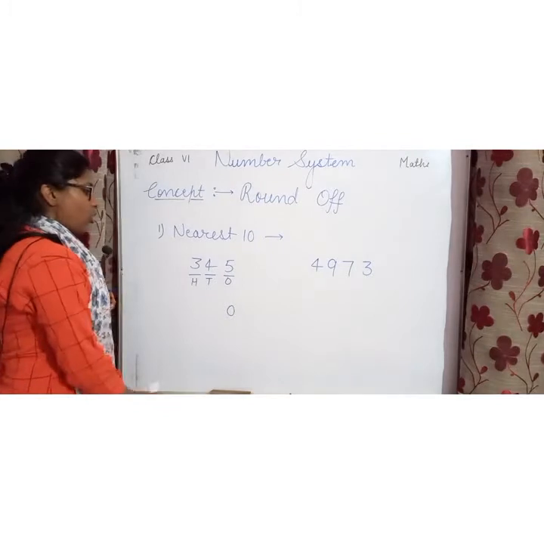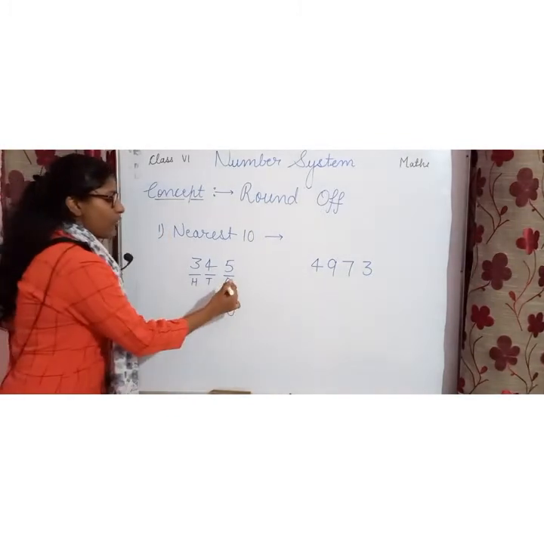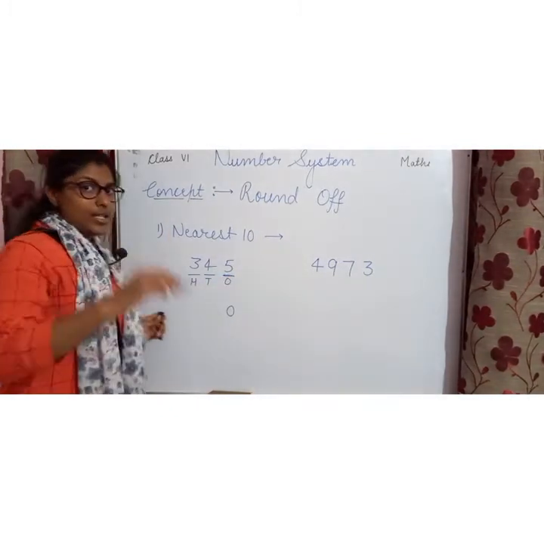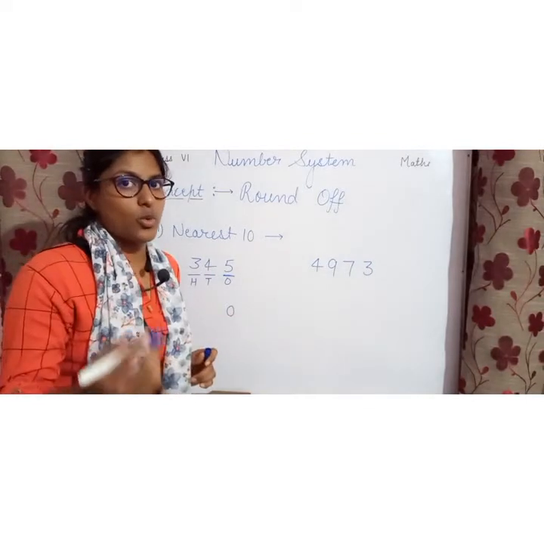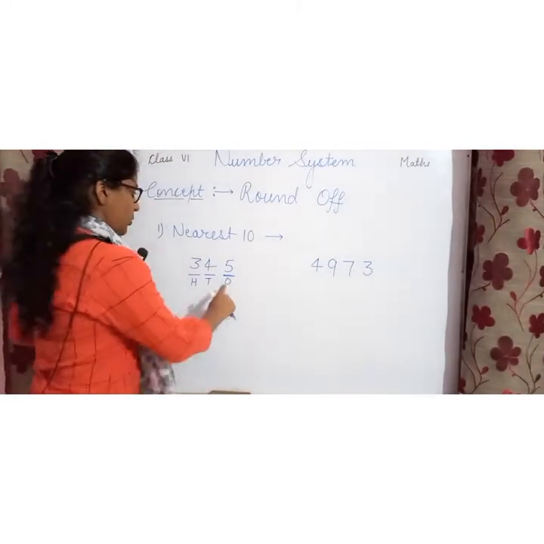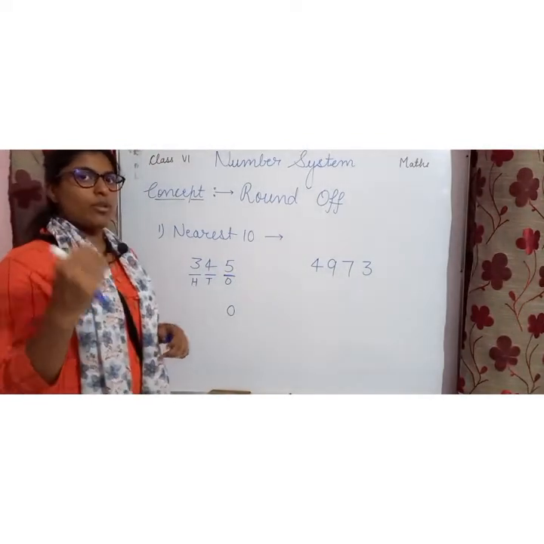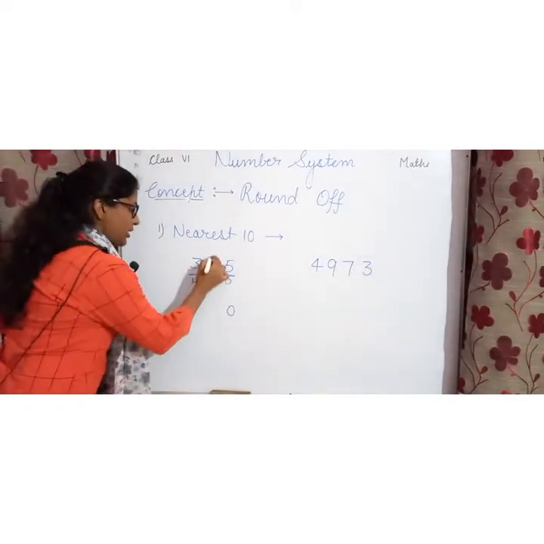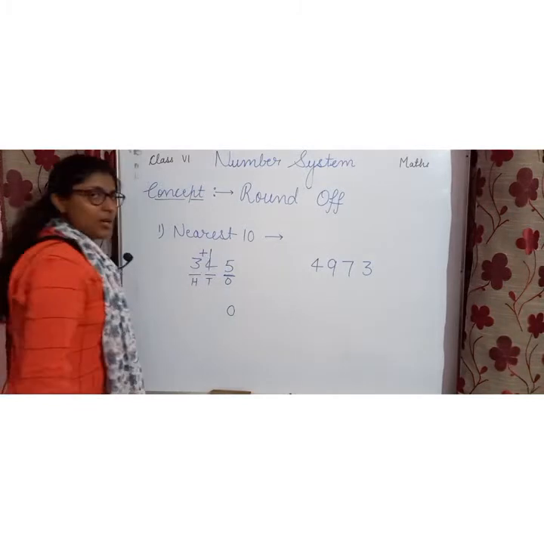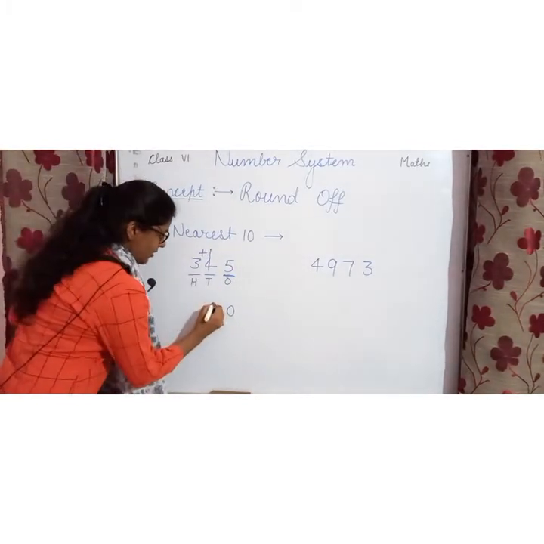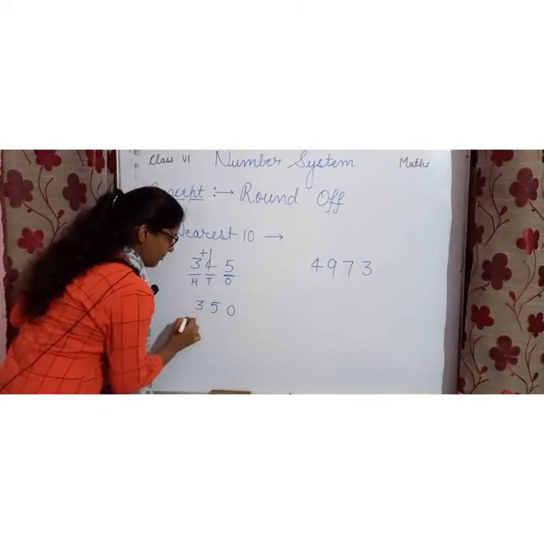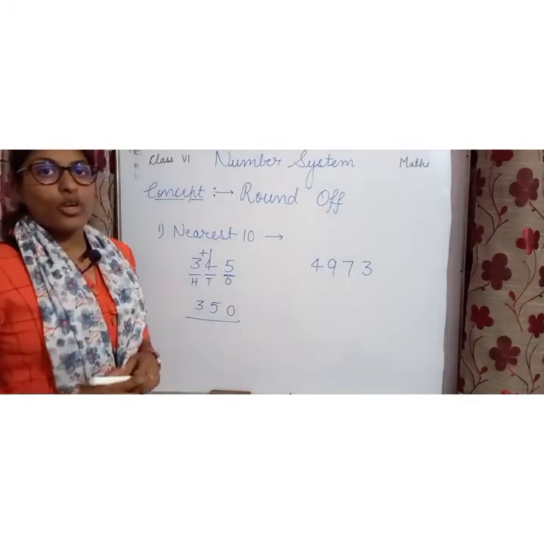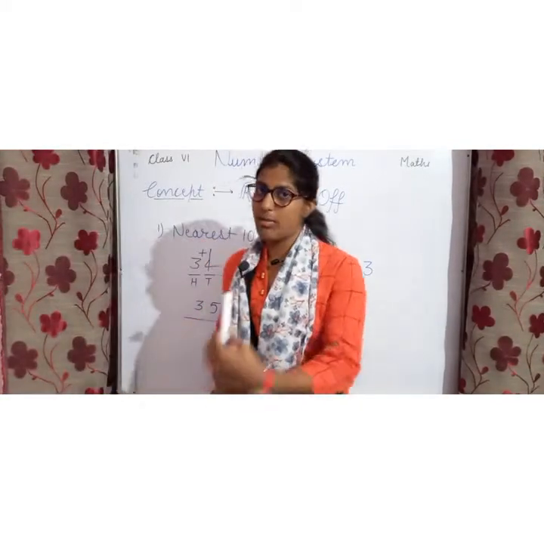Now, second rule, if the ones place digit is lesser than 5 or greater than or equal to 5. Now here it is greater than or equal to 5. So rule number 3, we are increasing the tens place digit by 1. So this 4 plus 1 is 5 and 3 comes as it is. We are not making any changes in the remaining digits.